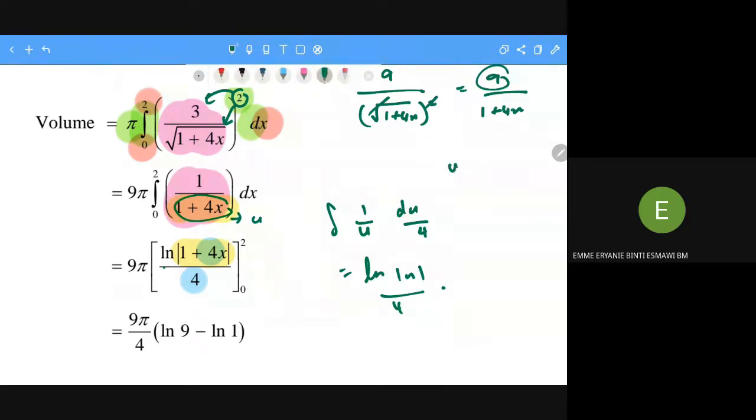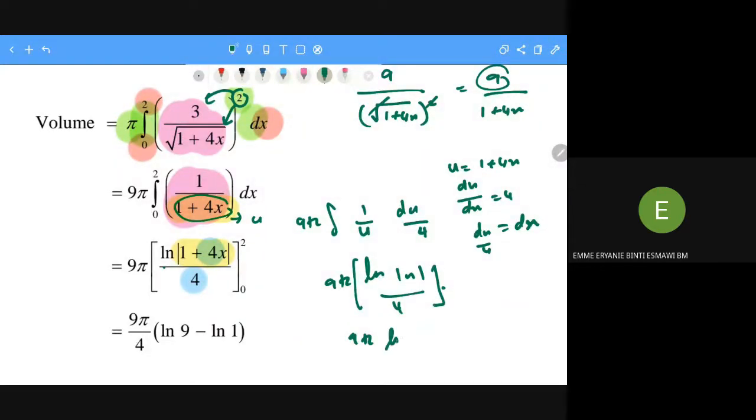Okay, kita can split di sini. U is equal to 1 plus 4x. Okay, di mana du over dx is equal to 4. Okay, so dx is equal to du over 4. Okay, so that's why I substitute here. So, letak dengan 5 kat sana. Lepas tu tukar balik U tu jadi 1 plus 4x.